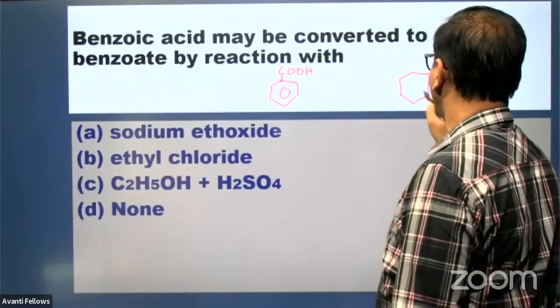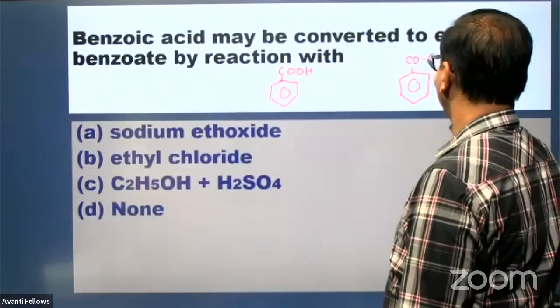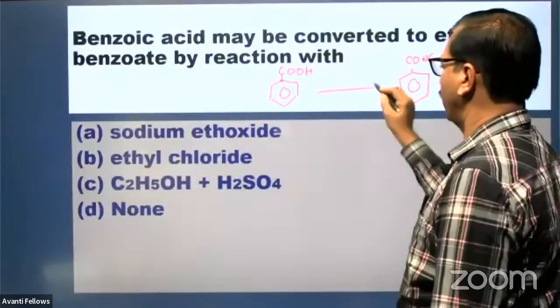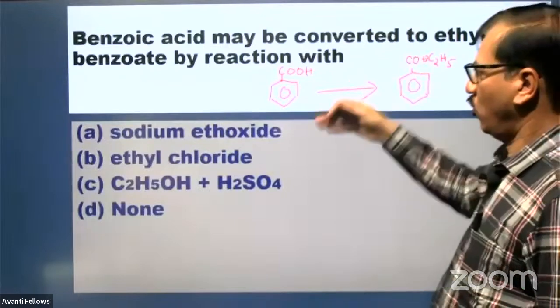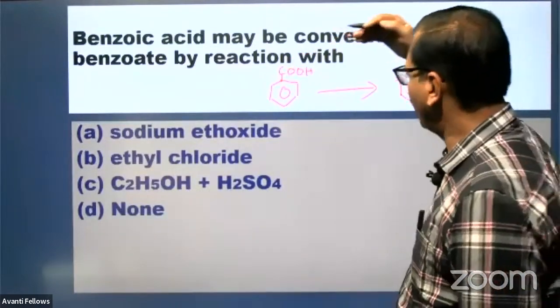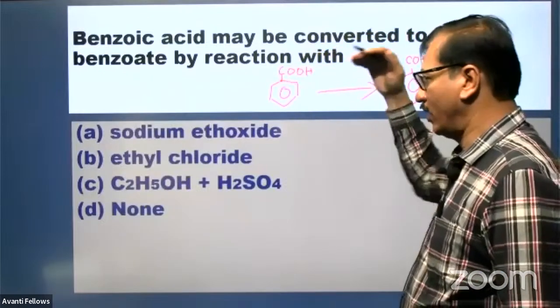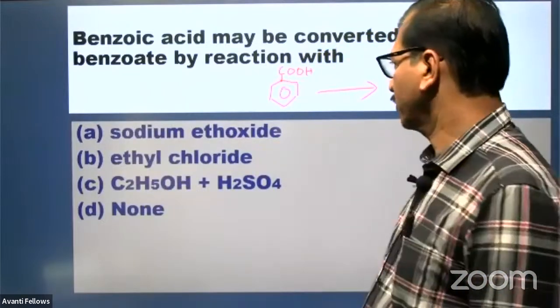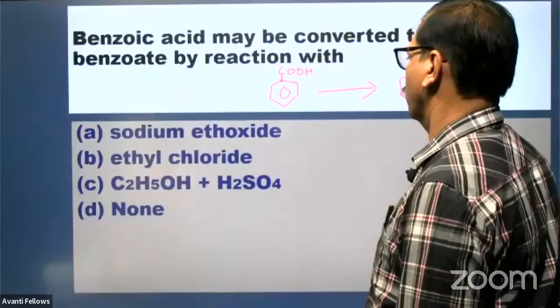The ethyl benzoate structure is COOC2H5. So which class of compound is to be added? Always remember, a carboxylic acid with alcohol will give an ester. Esterification.